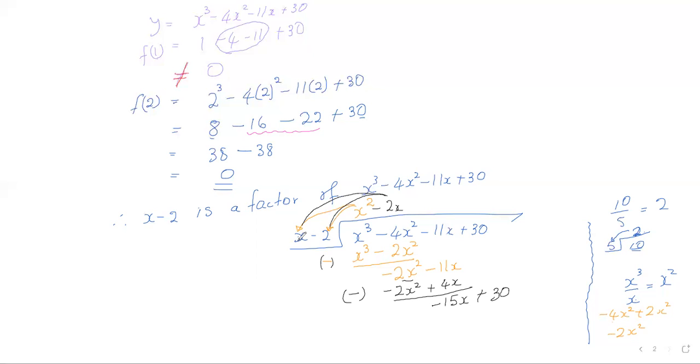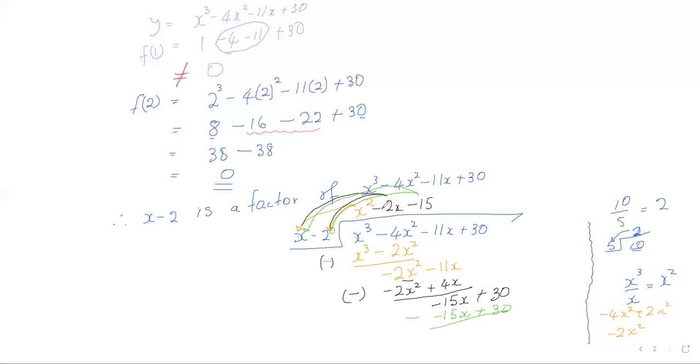So we go back to our structure. x into negative 15x will be negative 15. Now negative 15 times x is negative 15x. Negative 15 times negative 2 is positive 30. So if we subtract, the remaining is 0.